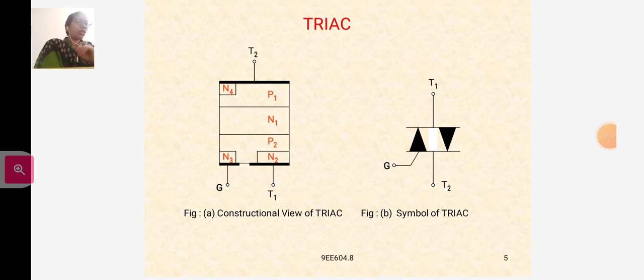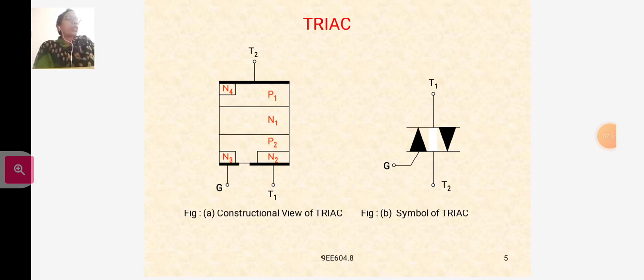In SCR, there is a drawback: it can conduct current in one direction only. In SCR, the current flows in the forward direction, not in reverse. Hence, SCR can control DC power or the forward biased half cycle of AC.